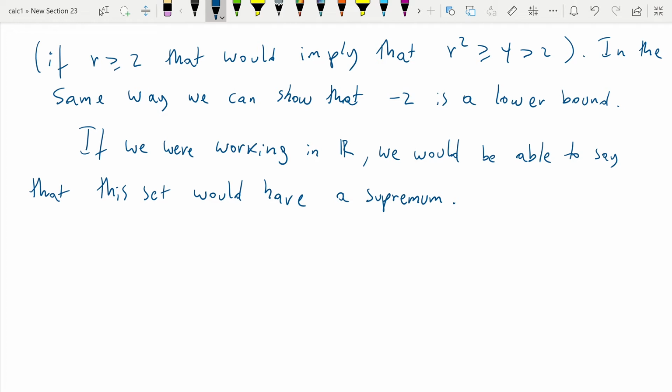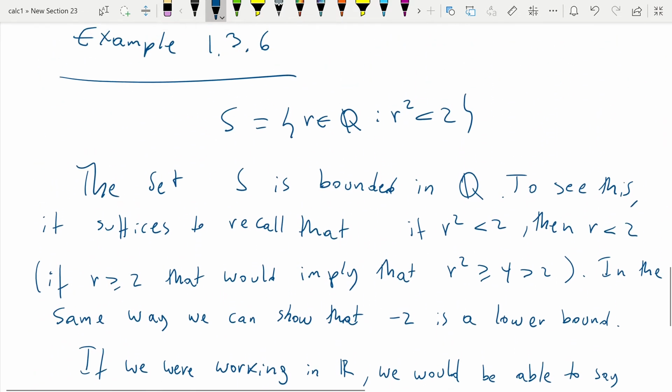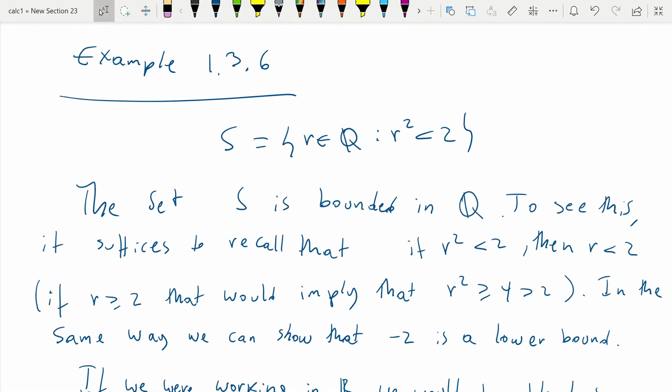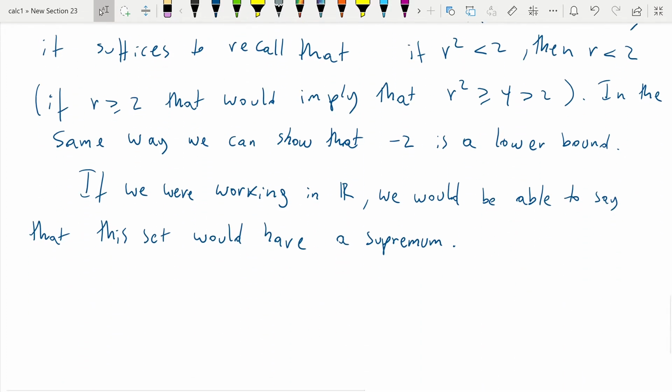Right, so if instead of defining S as a set of rational numbers such that r squared is less than 2, we had used the r's in R such that r squared is less than 2, then the set would be bounded again between -2 and 2. And so by virtue of the least upper bound property, the set S would have a least upper bound, namely a supremum.